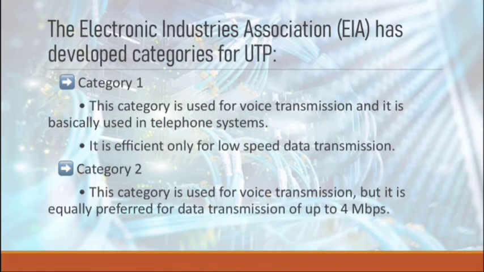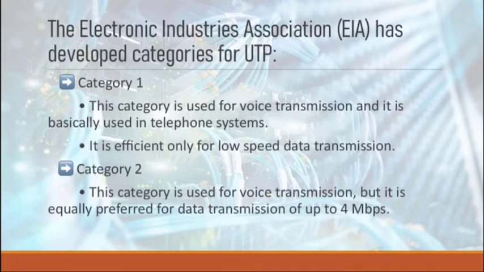The Electronic Industries Association or EIA has developed categories for UTP. Category 1 is used for voice transmission and is basically used in telephone systems. It is efficient only for low-speed data transmission.